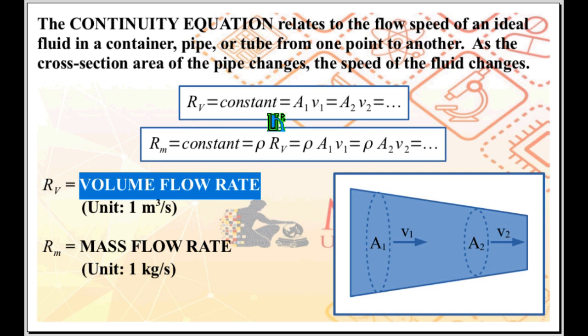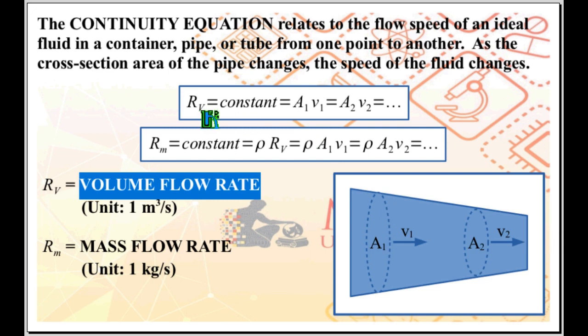So say you have 5 cubic meters per second. Doesn't matter where you look in the container, the volume flow rate of the fluid is 5 cubic meters per second. So 5 cubic meters per second here, 5 cubic meters per second here, and 5 cubic meters per second here, and so on.